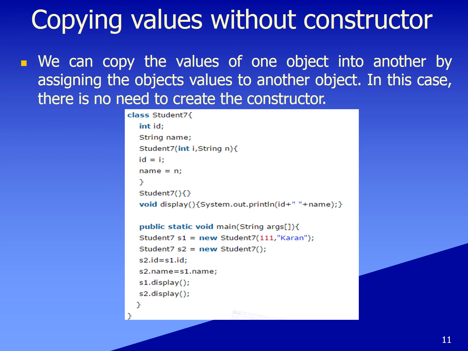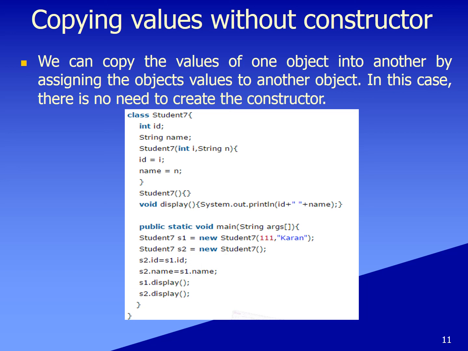Suppose here is Student7 with integer i, string n, and a Student7 constructor with no arguments. If s1 and s2 objects have been created and I want to copy from one object to another, then I can write s2.id equals s1.id, which means s1.id is copied to s2.id.